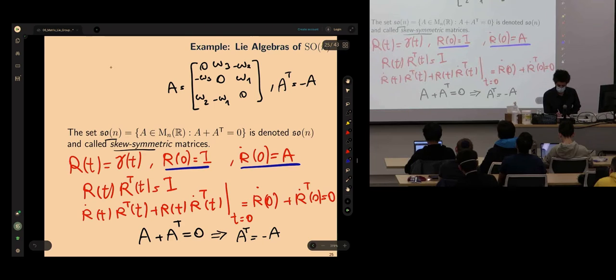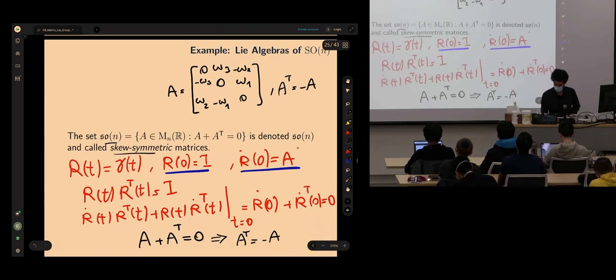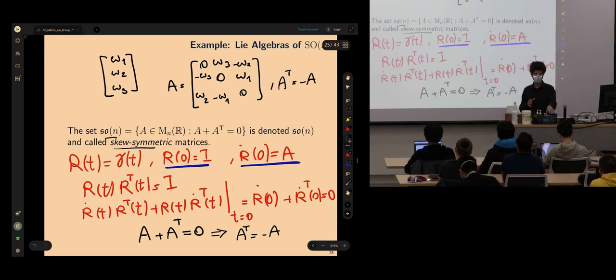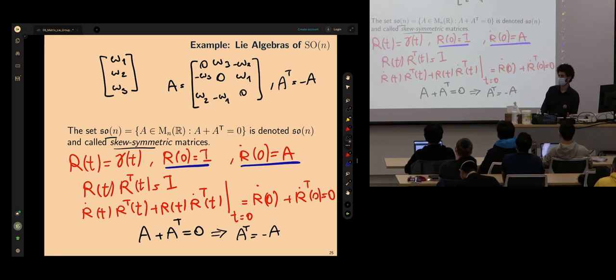You can, of course, write this as a vector too, but the Lie algebra form of it in matrix space is what we see here.